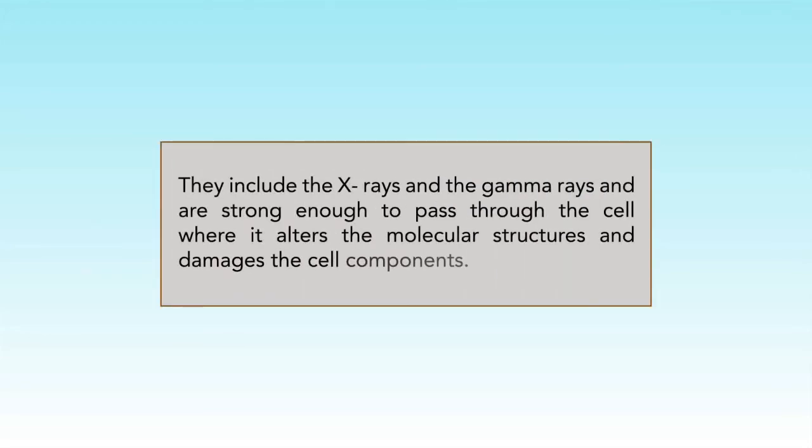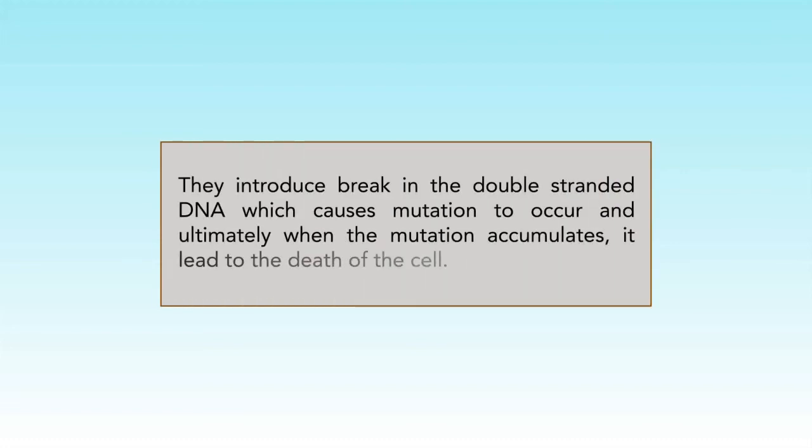They include X-rays and gamma rays, and these are strong enough to pass through the cell where they alter the molecular structures and damage the cell components. They introduce breaks in the double-stranded DNA, which causes mutation to occur, and ultimately, when the mutations accumulate, it leads to the death of the cell.